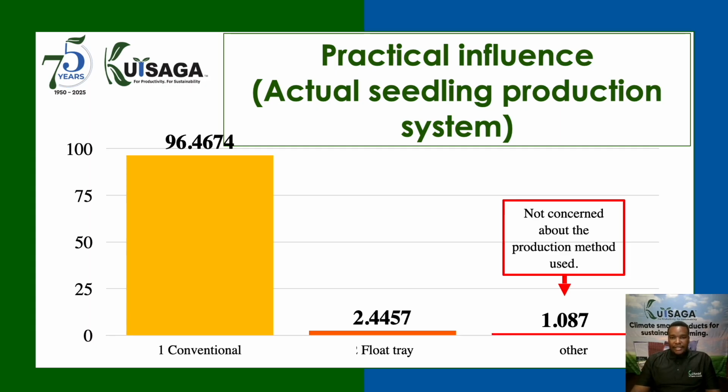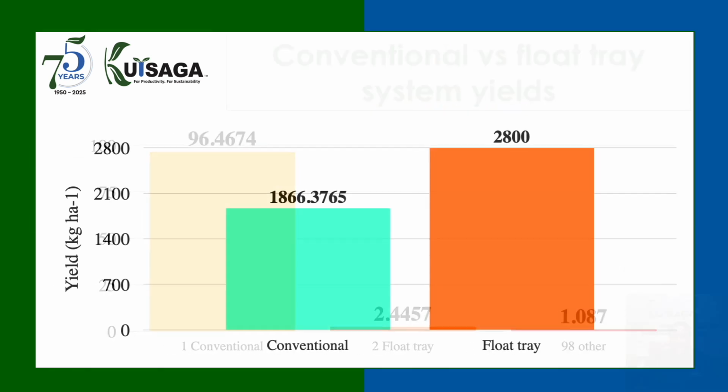When it comes to the float tray system, a very small number, about 17%, are using it, and just 1% are farmers who aren't necessarily concerned about how they raise their seedlings, be it conventional or float tray. But this graph really shows us that in as much as we've talked about all these benefits of the float tray system, a very large chunk of our farmers are still using the conventional system over the float tray.